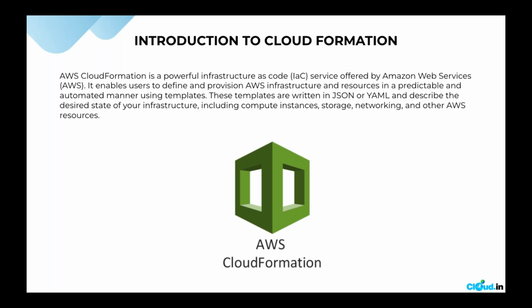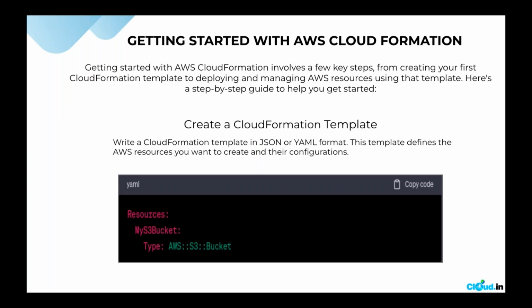So let us move on and understand how a beginner can get started with the AWS CloudFormation service. This process involves a few key steps, from creating your first CloudFormation template to deploying and managing AWS resources using that template. Let us look at these steps.